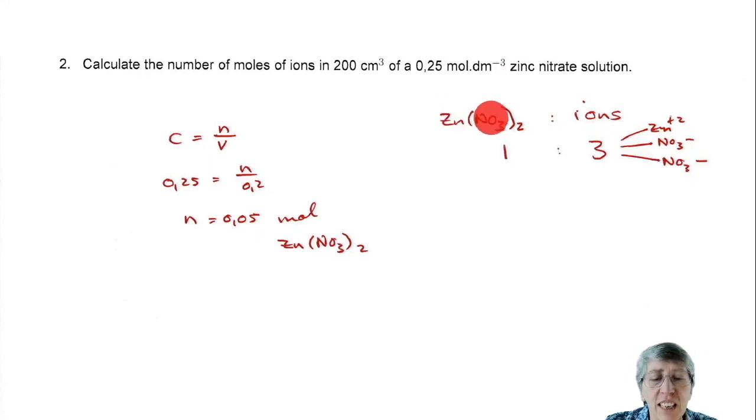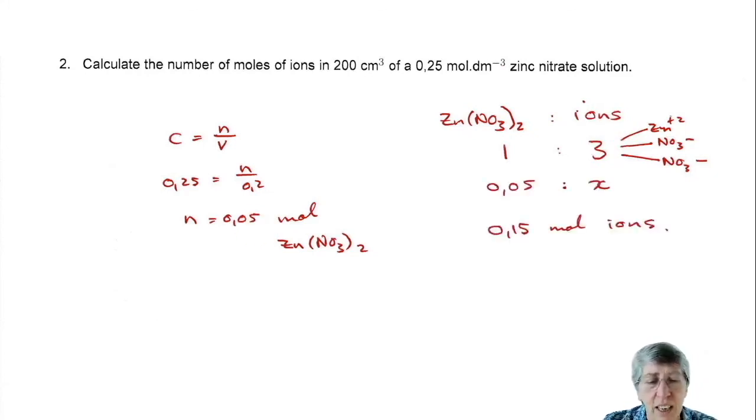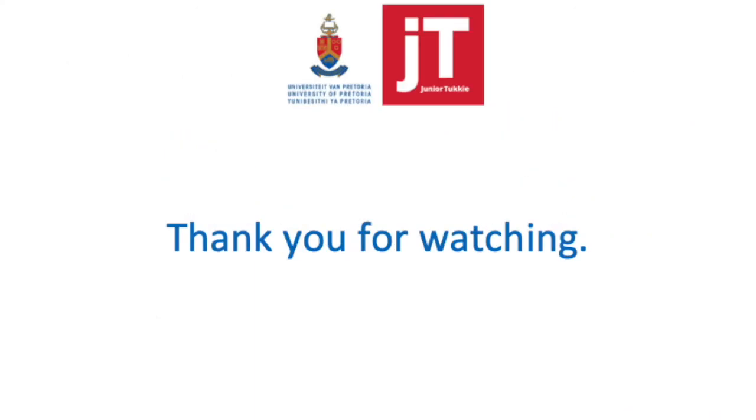So for every zinc nitrate that you break into smaller pieces, you're going to end up with 3 ions. And then it's easy just to take your 0,05 that you worked out here and times 3 is going to give you 0,15 mole of ions. So that is when you go from one substance to another, but there's no equation. You have to find the ratio yourself.